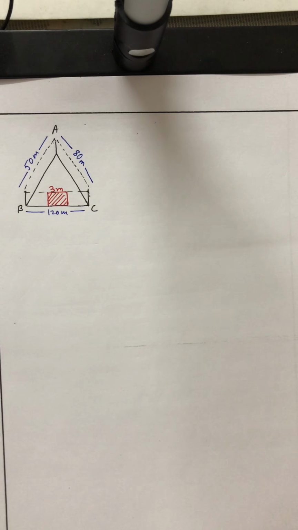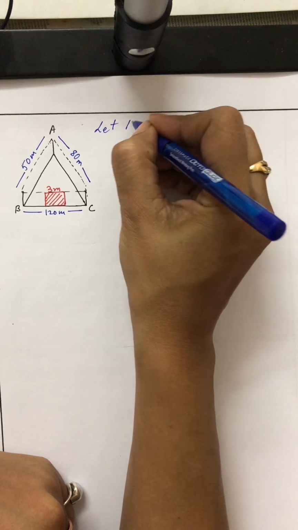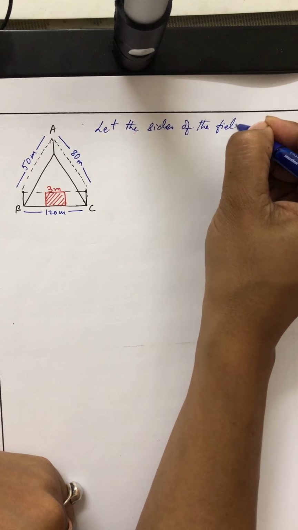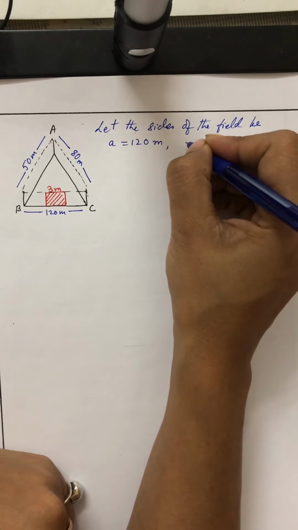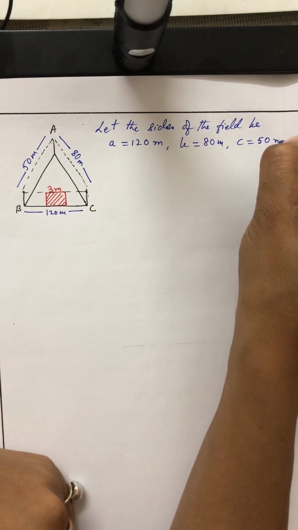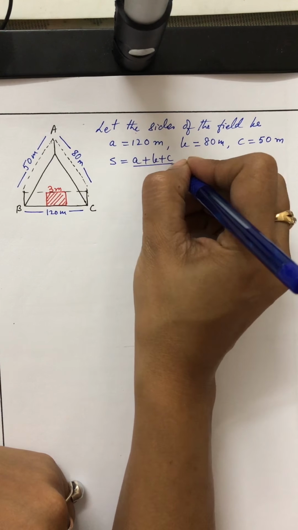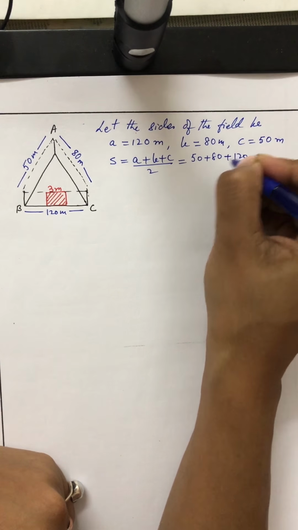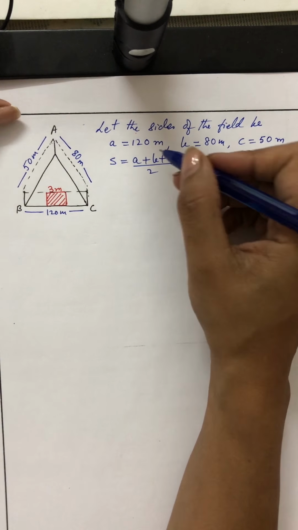So for finding out the area, let the sides of the field be A is equal to 120 meters, B is equal to 80 meters, C is equal to 50 meters. So our semi-perimeter S will be equal to A plus B plus C by 2, which is equal to 50 plus 80 plus 120 by 2, which is C. A was 120.